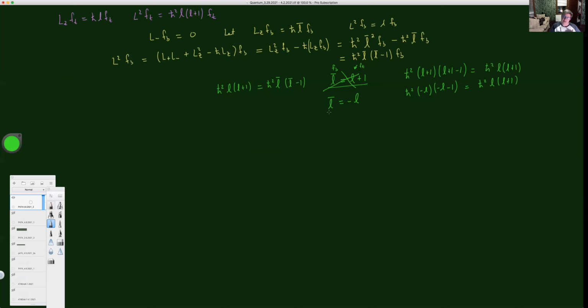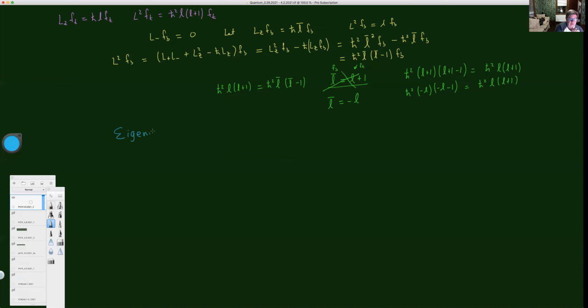So the bottom rung is minus L. The top rung is L, okay? All right, so that makes a little bit more sense. So the eigenvalues, it's right there in blue.